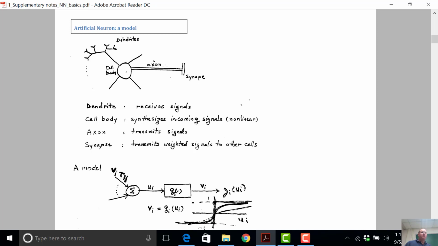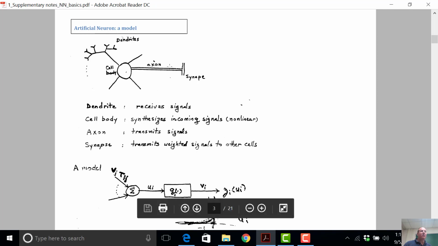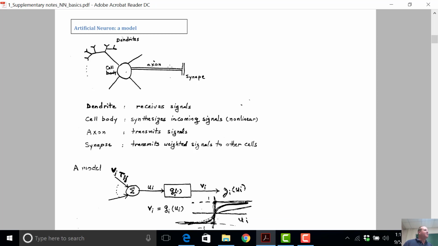But what we've done initially here, we're leaving the complex models for other purposes, but for an engineering compact model, we're going to take this single neuron, we're going to create huge networks, and we have to worry about computational effort and complexity, okay? So the variable V here, which represents the output of the cell body, which represents something about the spiking neurons, could represent the rate of firing of these spikes.